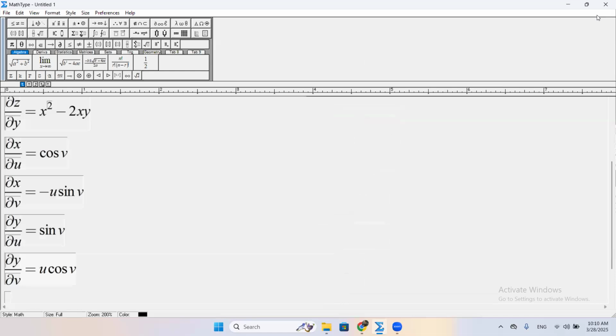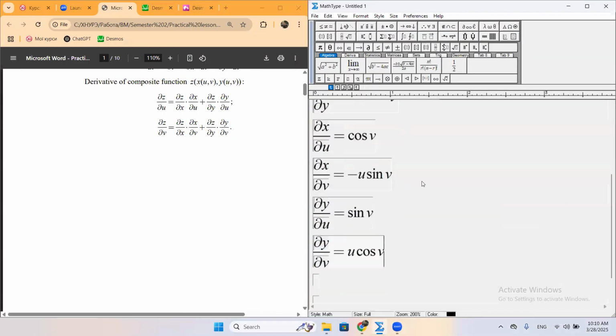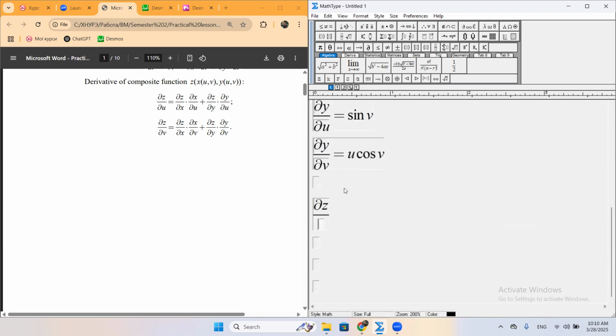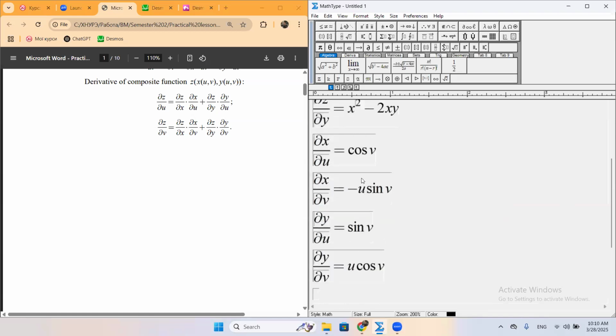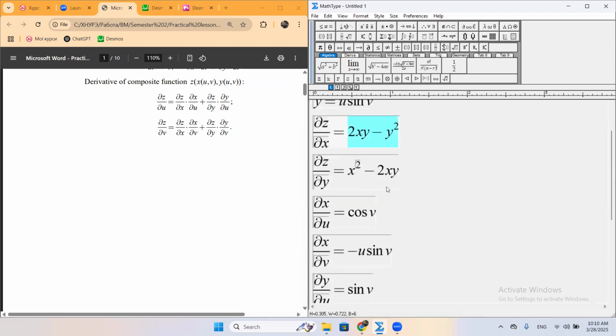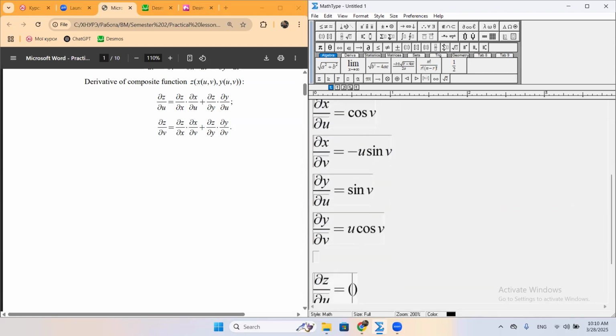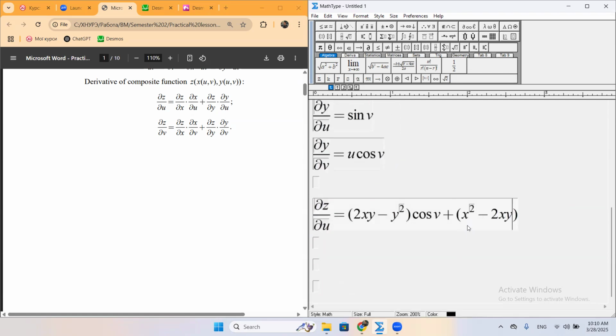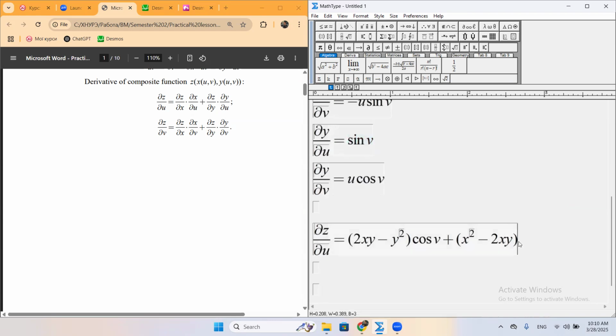And now let's put everything together. dz by du equals dz by dx, so this expression, multiplied by cosine of v, plus this expression multiplied by sine of v.